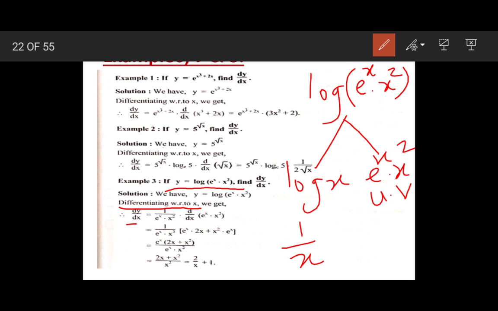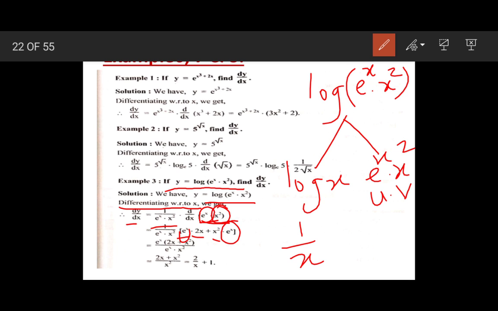So the derivative of log of e^x into x square is 1 upon e^x into x square, into the derivative of e^x into x square. So e^x into the derivative of x square, which is 2x, plus x square into the derivative of e^x, which is e^x.